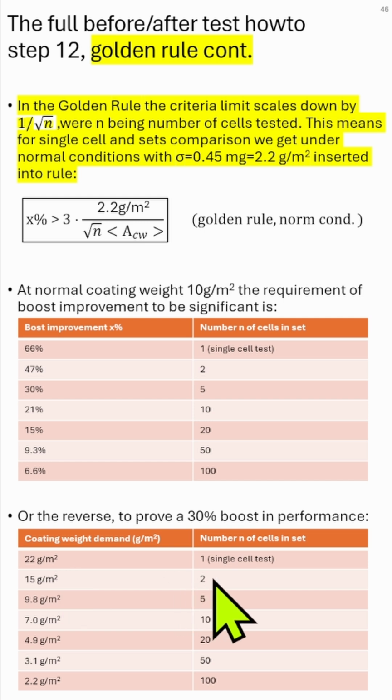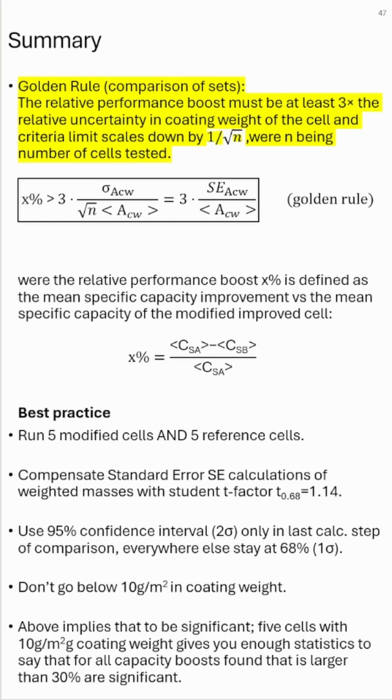If we do 2 coin cells in the test, it drops to 15 grams. And our best practice, 5 cells, we see we need about 9.8 grams or 10 grams per square meter in coating weight for a 30% boost to be significant. The summary.